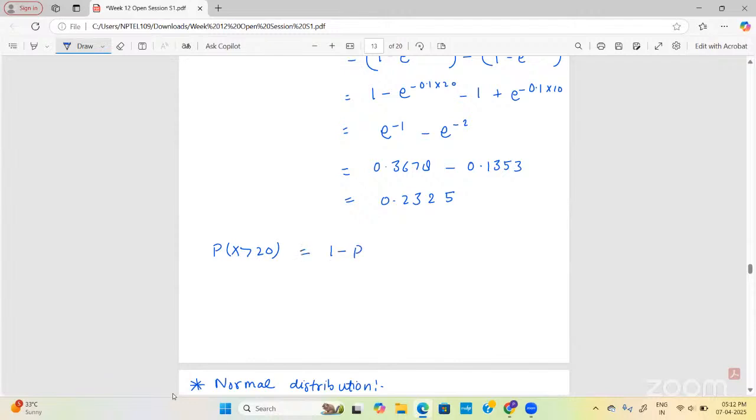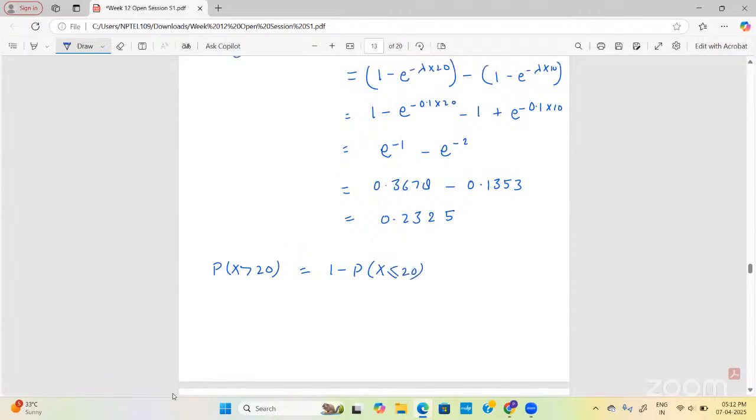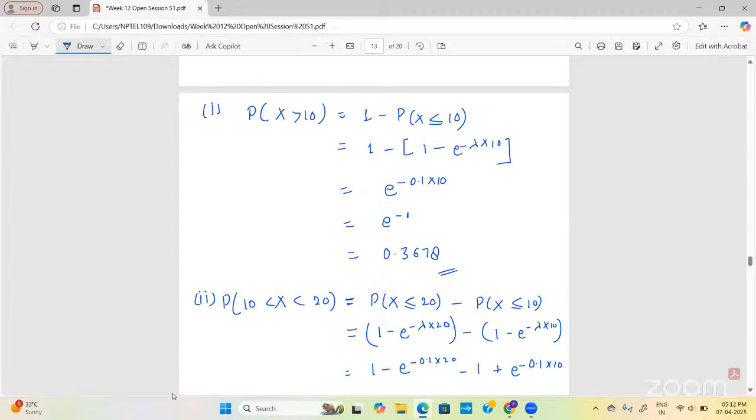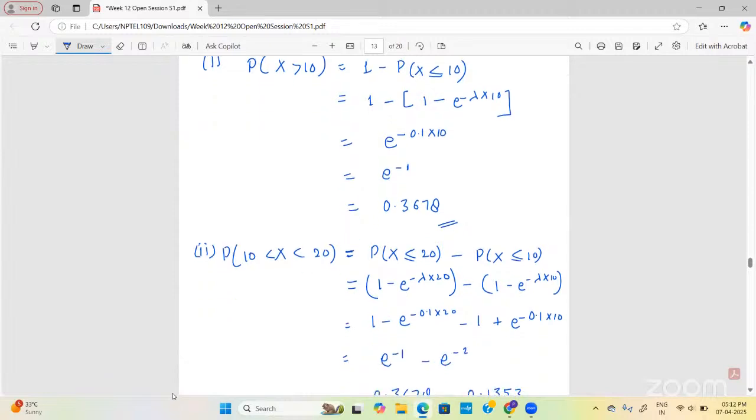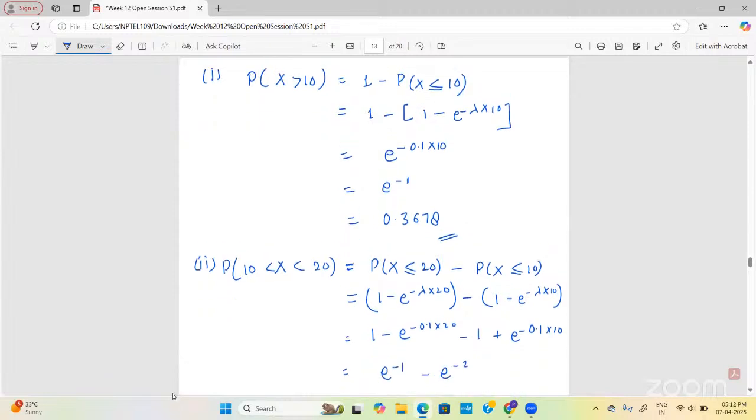Yes. In the first part, we have done this thing only. You can see if X is greater than 10, then we have written it like this. Or you can directly use the integration function. You just have to see the range. You can do it that way also if you don't remember the formula.